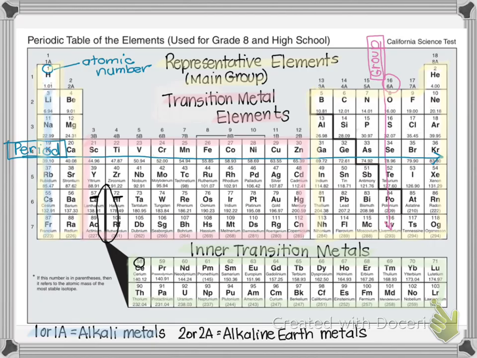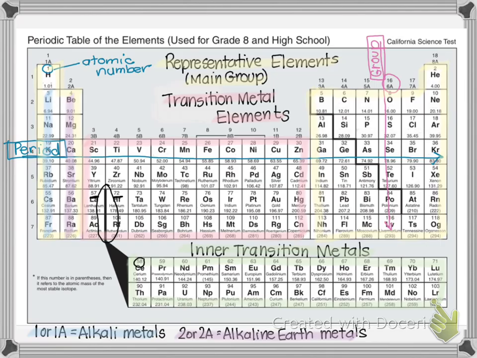It's in the group there, but it is not, and it shares some properties with those, but it's not considered an alkali metal. It's kind of in its own space. And then the alkaline earth metals here, that's the second group, and it is all of them. So those two have their own names.